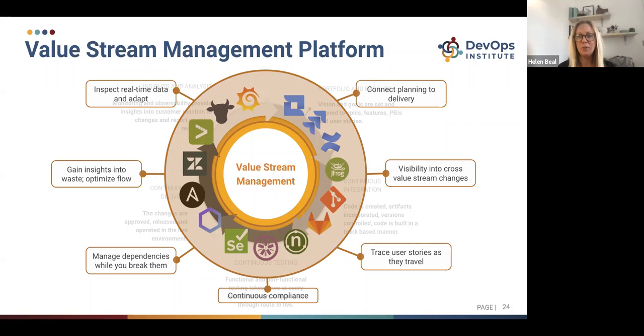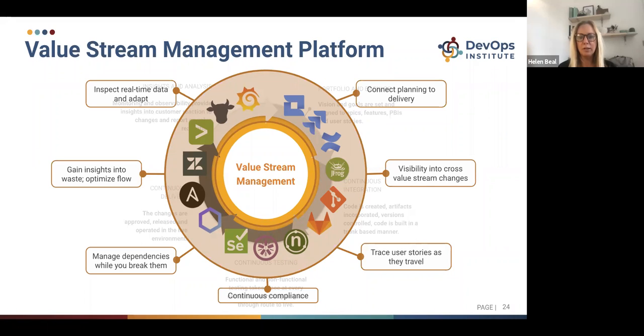And value stream management really helps us understand those cross dependencies and if we make one change in one value stream, how that's going to impact or how we need to involve another value stream. We can trace our user stories as they travel, so we can really learn lots about our cycle time and lots about where those constraints might be and those bottlenecks that are slowing us down.